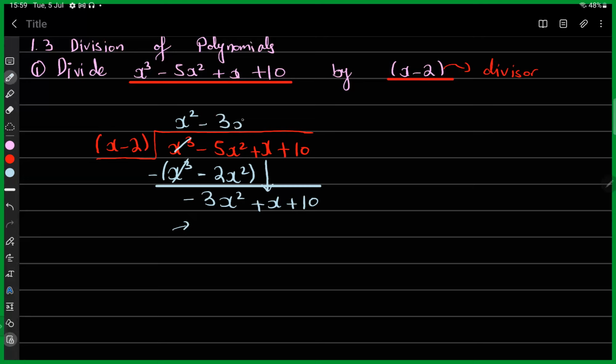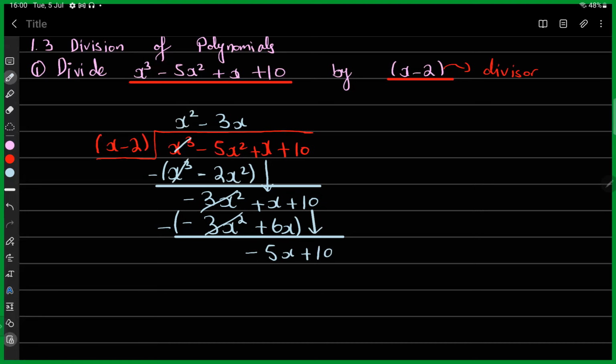Now when I will multiply negative 3x with x minus 2, that is going to give me negative 3x squared plus 6x, and now we need to again find the difference. So negative with the negative would make it positive. These two would be cancelled. And positive x minus 6x would give you minus 5x. And then I need to take this 10 down. So we have positive 10 here.